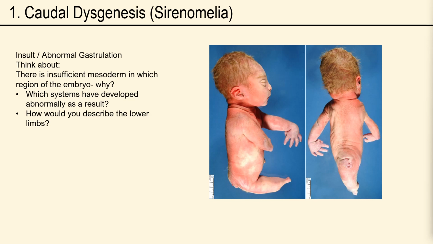Affected individuals exhibit a variable range of deficits, including hypoplasia and fusion of the lower limbs, vertebral abnormalities, renal agenesis, imperforate anus, and anomalies of the genital organs. In humans, this condition is associated with maternal diabetes.